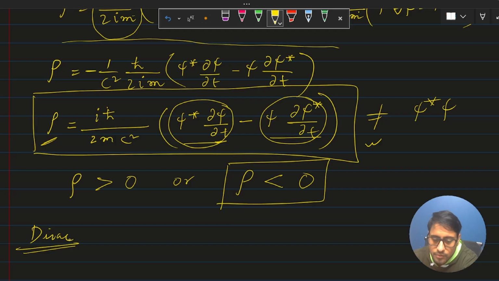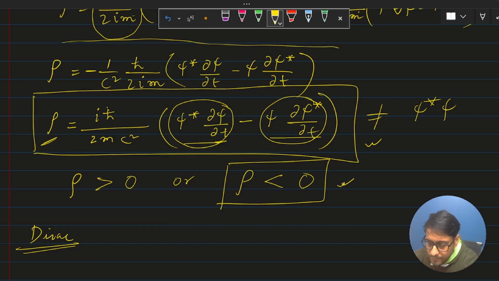He wrote it in matrix notation and got something which was accepted as the wave equation, and this anomaly was removed. But apart from this, the Dirac equation resulted in some strange entities and indicated the existence of antiparticles.